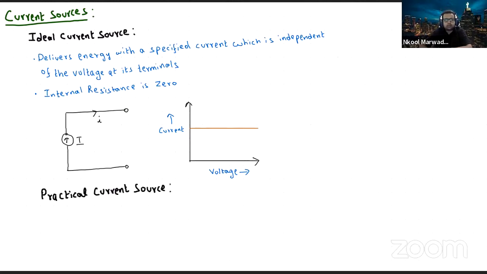Practical current source. In a practical current source, there is an internal resistance because of which this property is not followed.